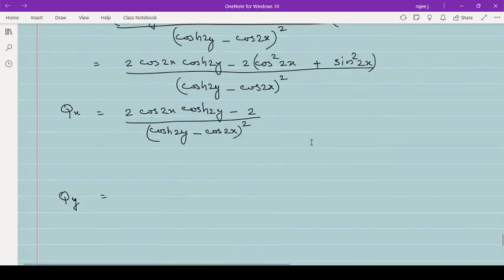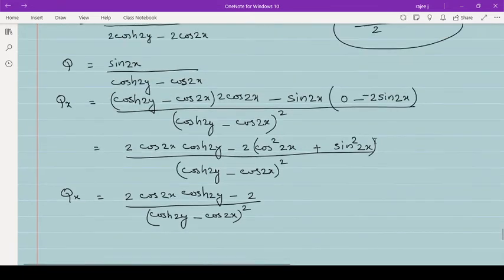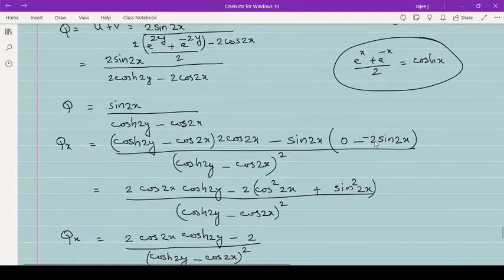So that denominator, that is cosh 2y minus cos 2x, into derivative of sin 2x is 0, minus numerator. Numerator means sin 2x into derivative of denominator, derivative of cosh 2y minus cos 2x. We have to write that one.